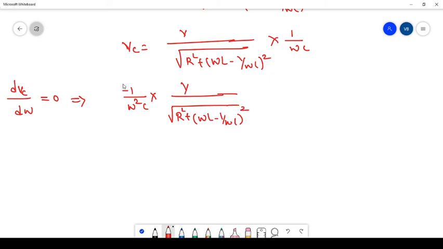This is the first term finished, plus the second term as it is, 1 by omega C into V by, this is in the denominator, right?